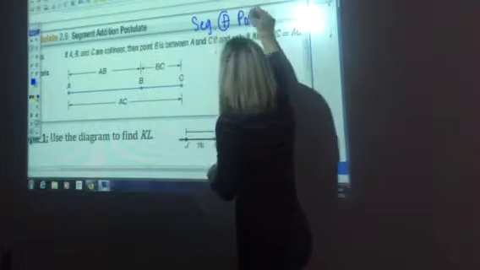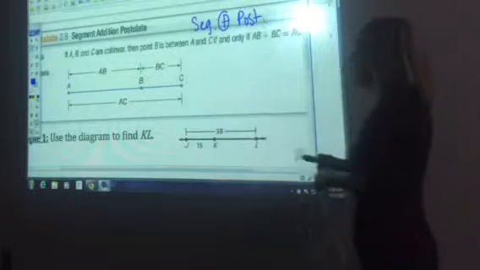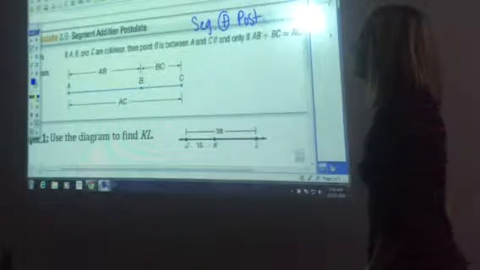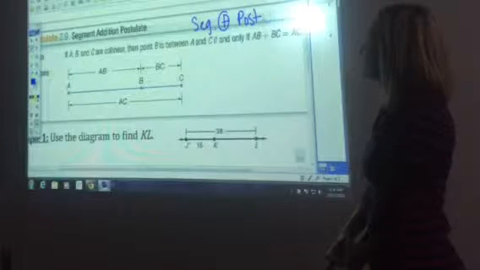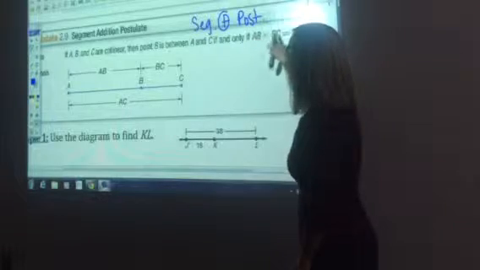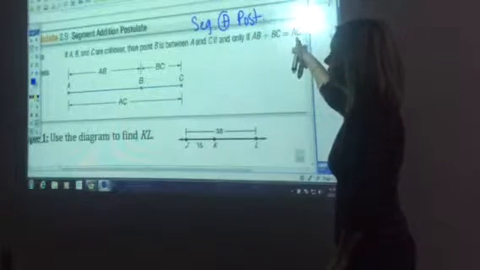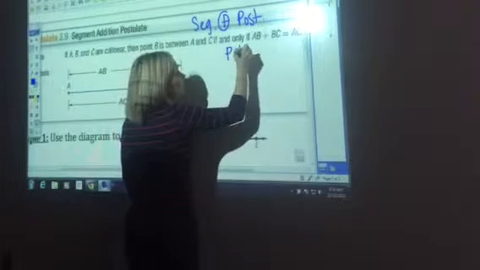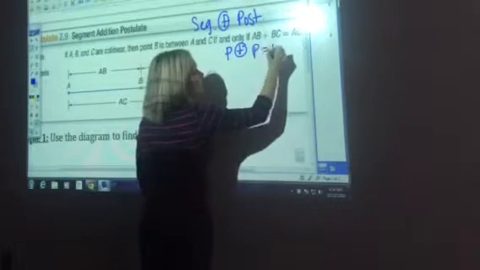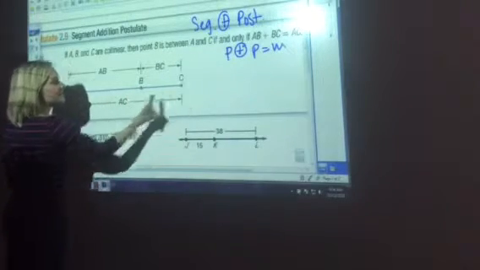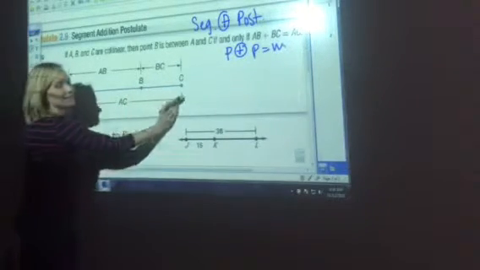Segment addition postulate says that if A, B, and C are collinear, meaning they're all on the same line, then point B is between A and C if and only if segment AB plus BC equals the whole thing, which is AC. Sometimes you'll see me write this as part plus part equals whole. The first part, AB, plus the second part, BC, is going to equal the whole thing, AC.